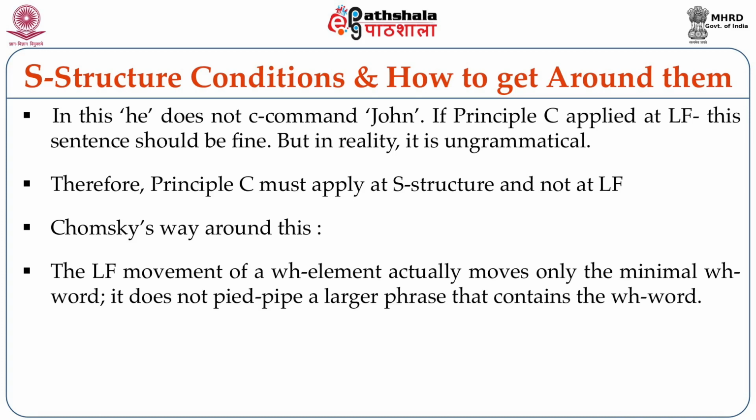Second, the trace of which woman has risen from the subject position of the verb say, and the object which pictures that John bought. This full WH phrase has moved from the trace position in the object position of the verb say. So we get which pictures that John bought, WH object phrase, which woman, WH subject phrase, and then the IP.